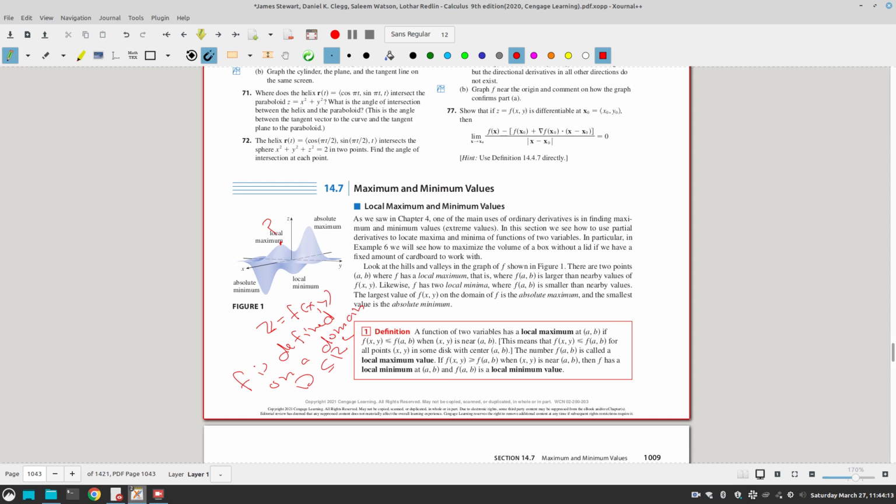So let x be equal to a and y be equal to b.